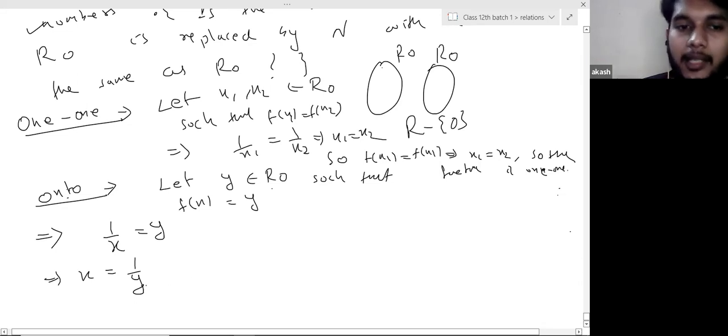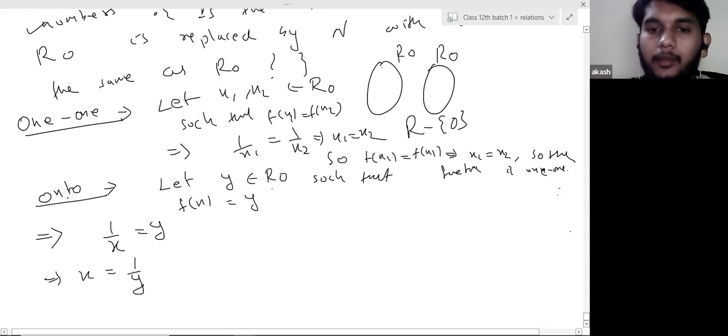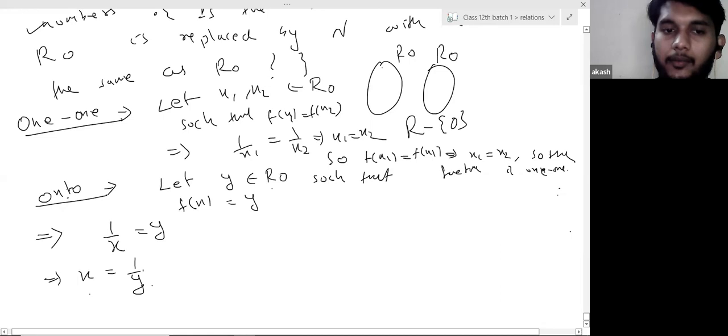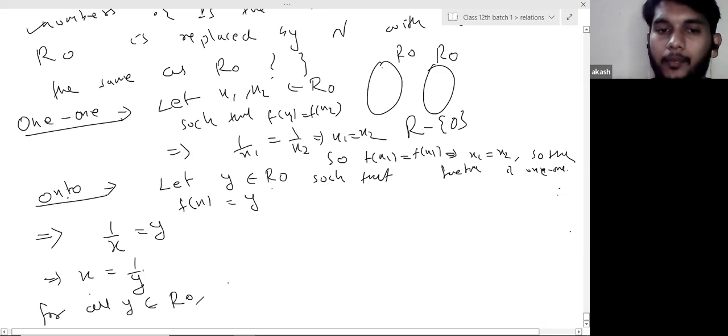Now can anyone tell me, is there any value of y which if you put here will not be getting any real number? Kulsum, is there any value of y such that we are not getting a real number from 1 upon y? No, that means no matter what value you put in here, there is a real number x which will give you y. So we can write, for all y belongs to R0, 1 upon y belongs to R0, right?